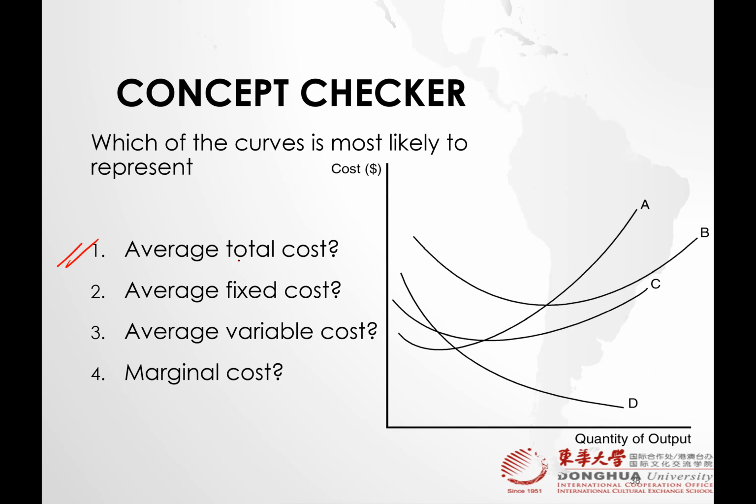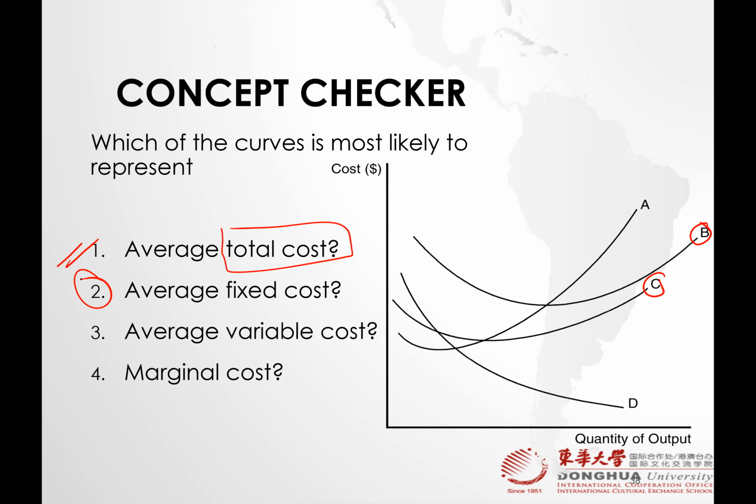Average total cost. Look at your graph and find out which one is on the top, average total cost or average variable cost or average fixed cost. Average total cost is B. C would be, okay, variable cost.